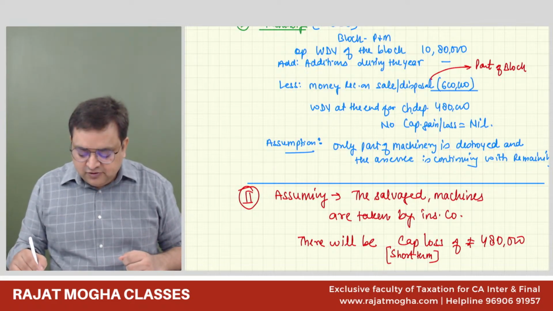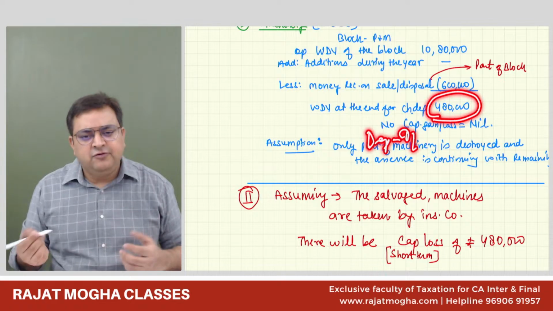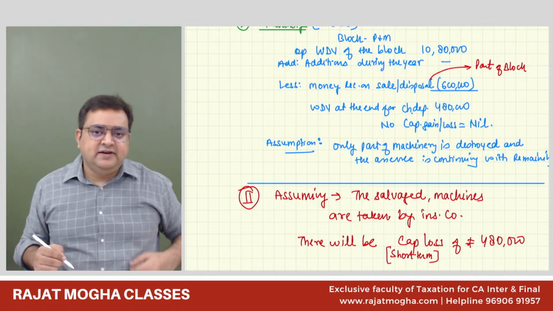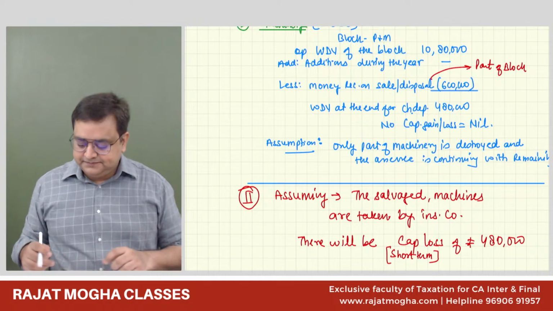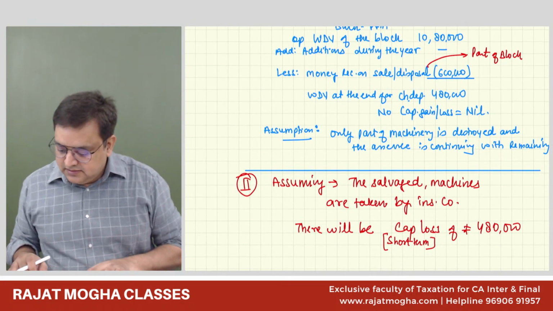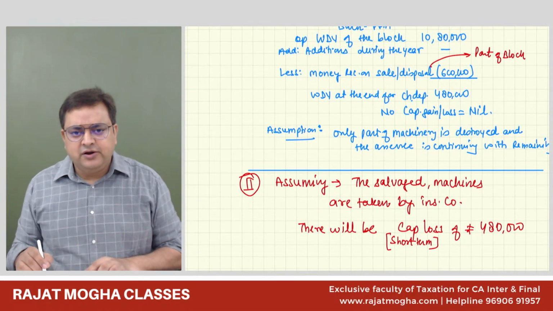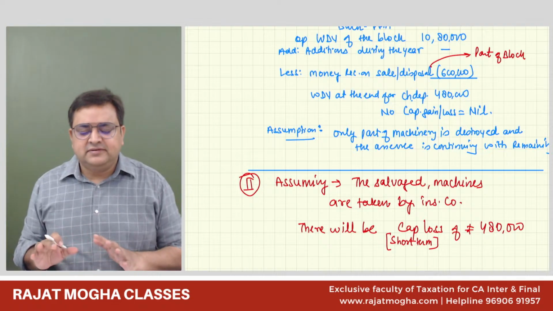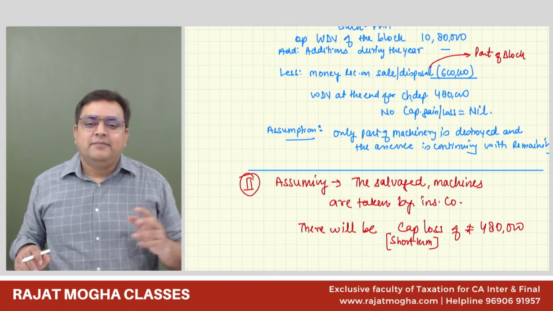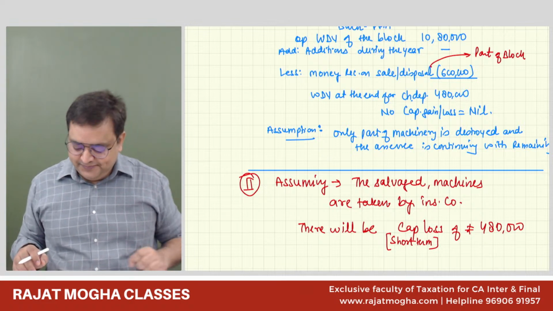So on 4,80,000, we'll be charging depreciation at a rate of 15%, which would be allowed in this year as a PGBP expense. Okay, sir. So you mentioned that also. Which one, Bala? That depreciation also. The depreciation, we should mention it. Not really required. This is what the examiner is actually expecting from you. But if you want to write depreciation also, you can write that. Not really required. Okay, sir.